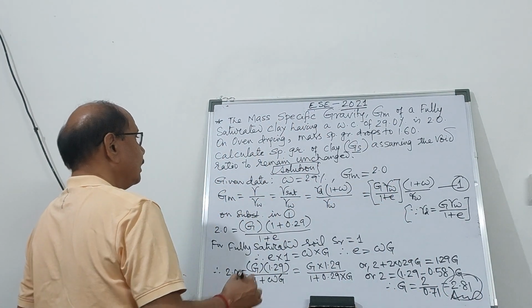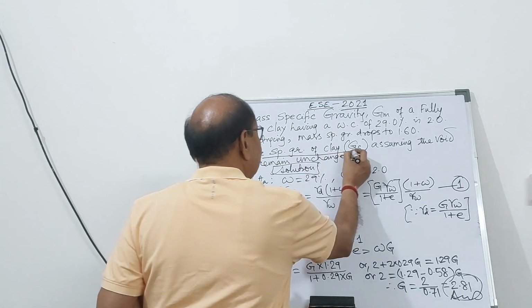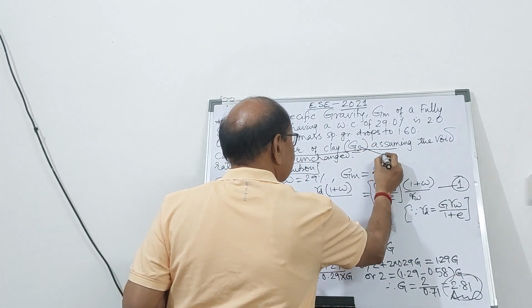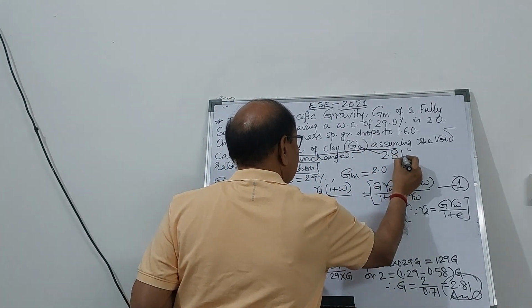So the specific gravity of clay is 2.81.